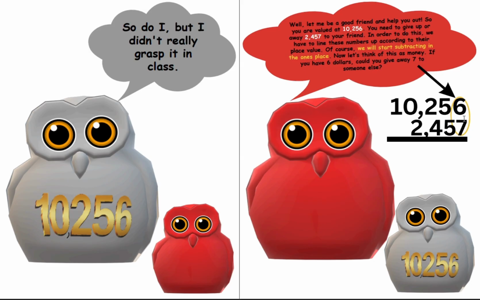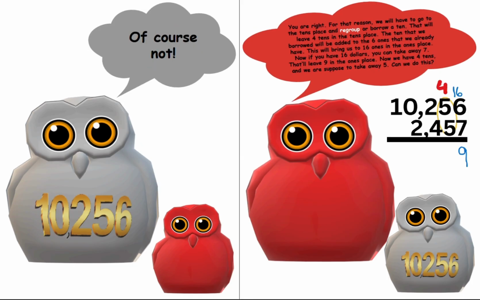Now let's think of this as money. If you have $6, could you give away 7 to someone else? Of course not. You're right. For that reason, we will have to go to the tens place and regroup or borrow a 10.